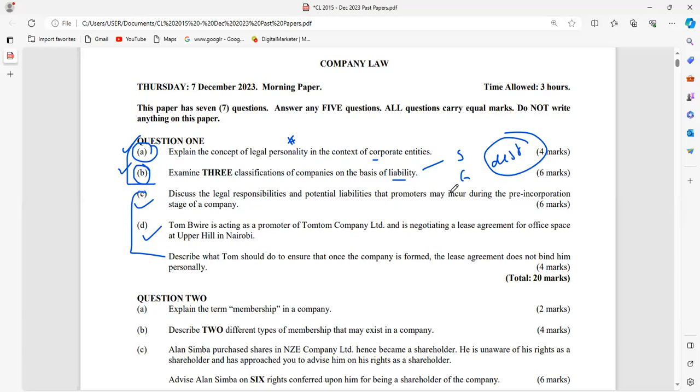So we say classification of companies on the basis of liability, and we explain in terms of shares, guarantee, and debt. The liability of a company can be limited to shares. It can be limited by guarantee, and then the one I said for debt, you can say it can also be unlimited, which means if the company is in debt, you're also in debt. So it's just English anyway. It will just come down to how you explain it.